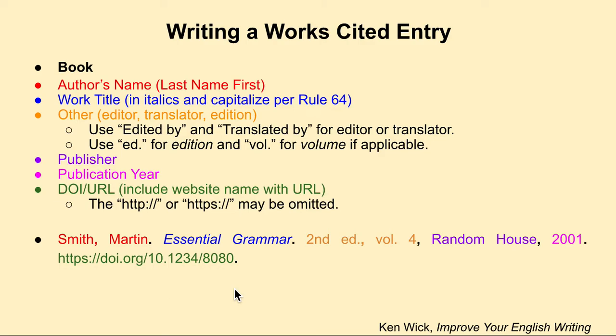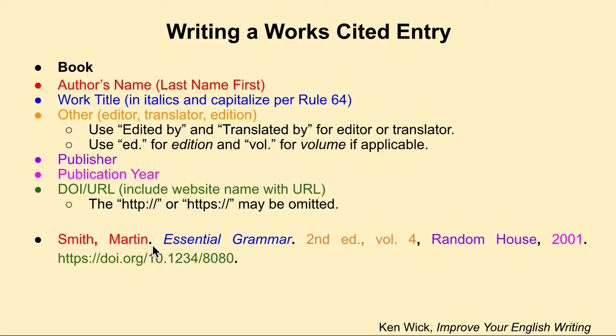So here is a works cited entry for a book. You have the author's name, last name first, then the title in italics and capitalized per rule 64, and this book just happened to be the second edition, volume 4. So that's how we did it, ed. and vol. If it had translated by, it would occur right in this area. Then you put the publisher.